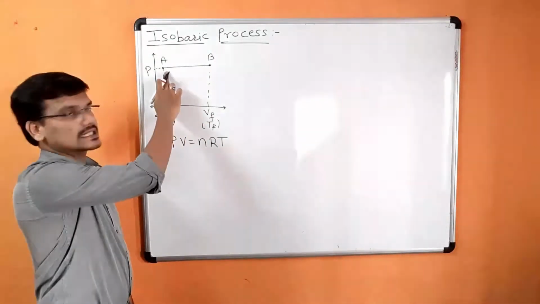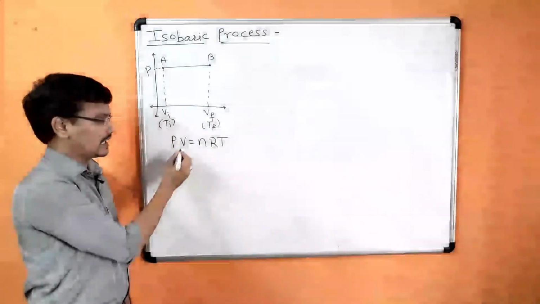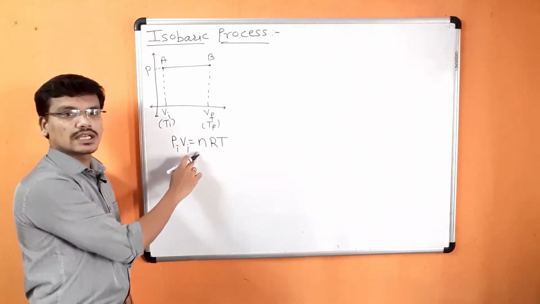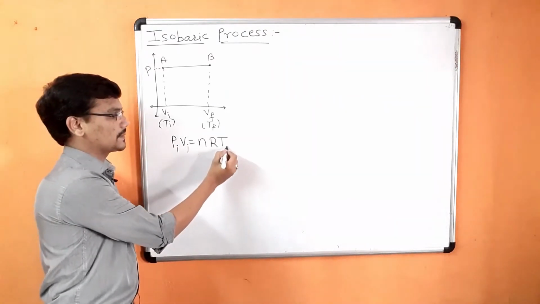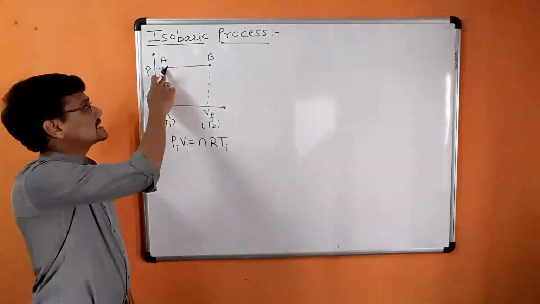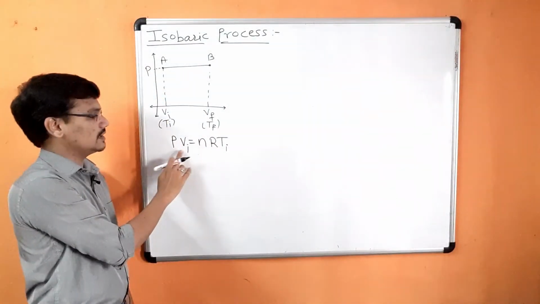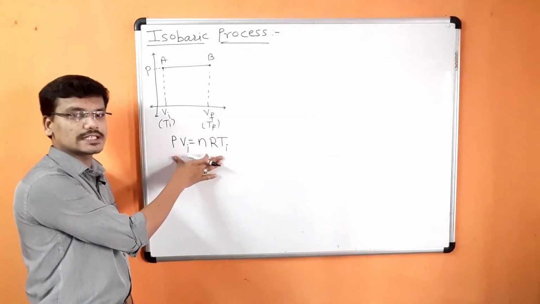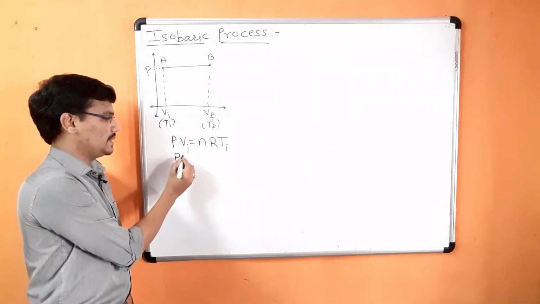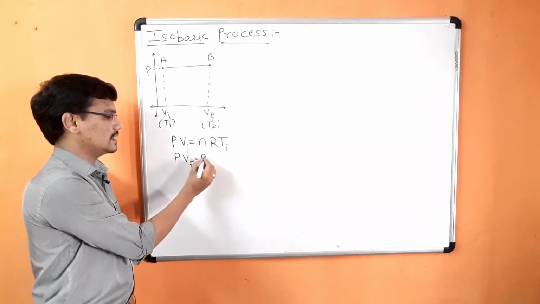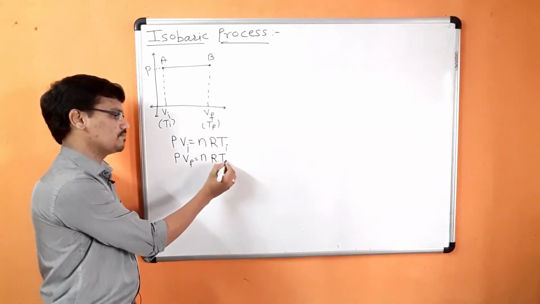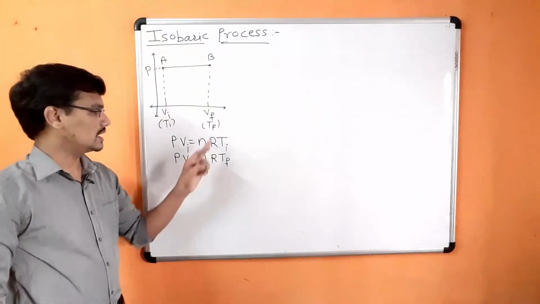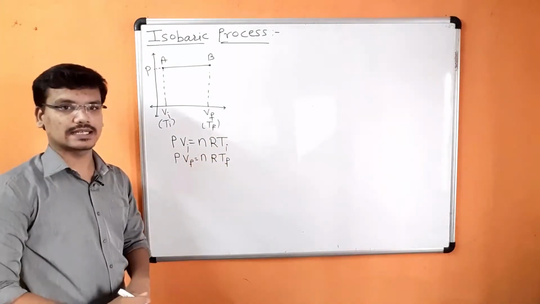Therefore, for the initial state, the equation of state becomes P Vi equals nRTi, since at the initial state the pressure is P. And P Vf equals nRTf is the equation of state for the final state.